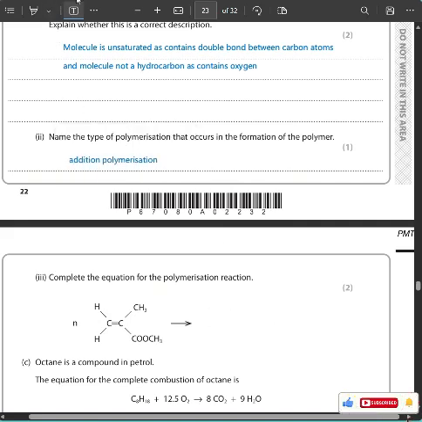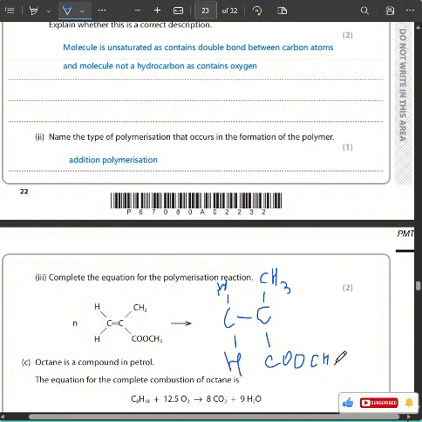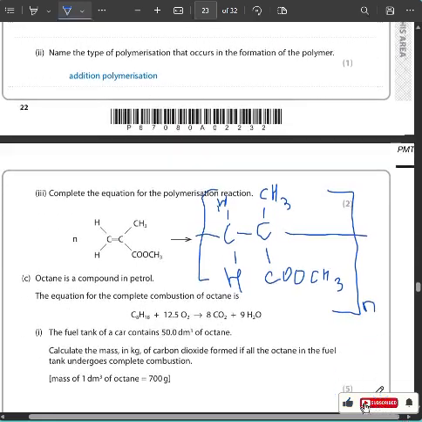Okay, complete the equation of polymerization.